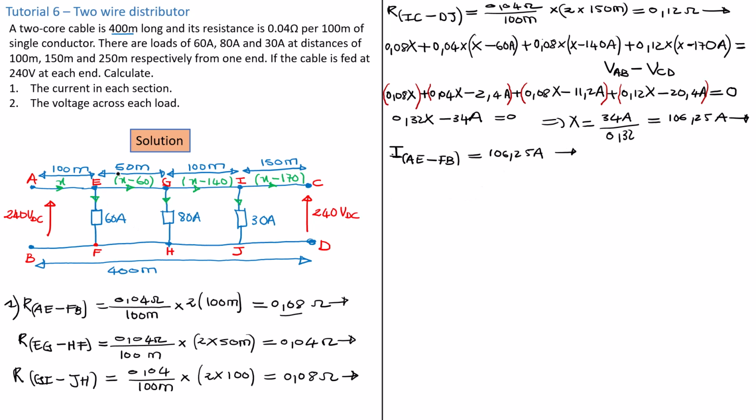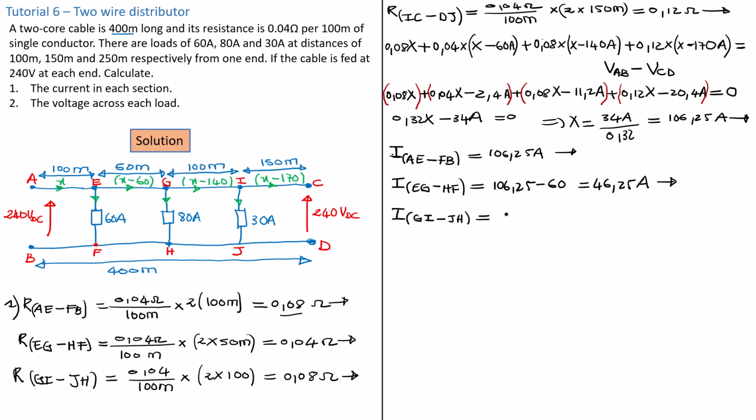And then the current in the second section here, so that is I EG to HF. So that current is X minus 60. So that basically 106.25 minus 60, and that is equal to 46.25 amps.